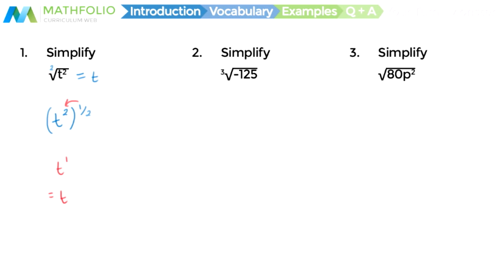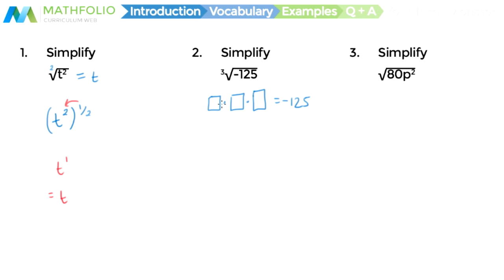Okay, for number 2, in this question we're asked to find the cube root, and so we're looking at something times something times something that gives us an answer of negative 125. In this case, if we can remember certain things like 2 cubed is 8, and 4 cubed is 64, and 5 cubed is 5 times 5 times 5.